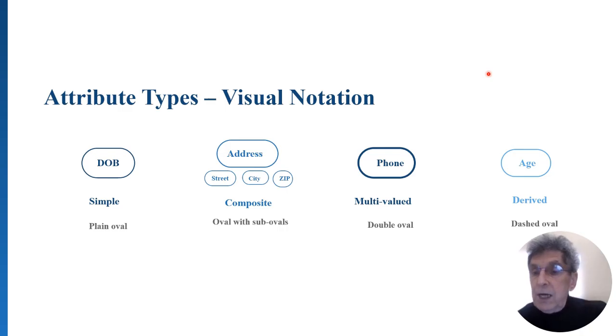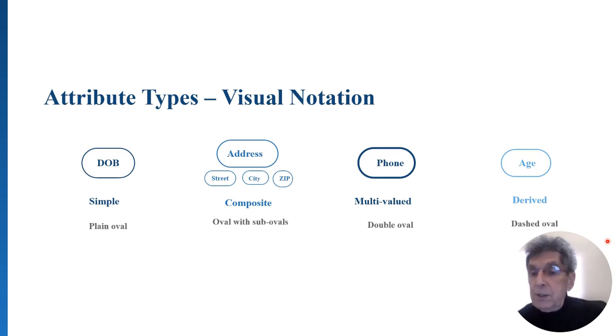A multi-valued attribute is a double oval, an oval inside an oval. Phone numbers is a double oval, indicating there can be multiple values. A derived attribute is dashed. Age is a dashed oval, indicating it's calculated rather than stored.